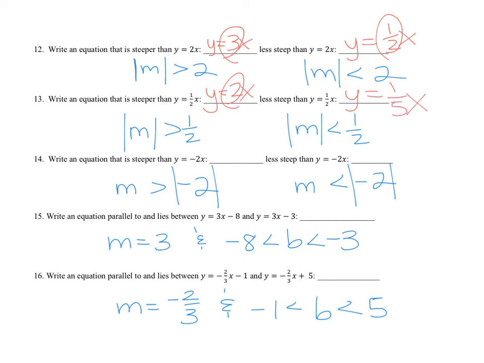For number 14, I ended up writing that y was equal to negative 3x, but the absolute value of your slope here just has to be greater than 2, okay? Here, the absolute value of this one has to be less than 2. So I have something like y equals negative 1/2 x, right?